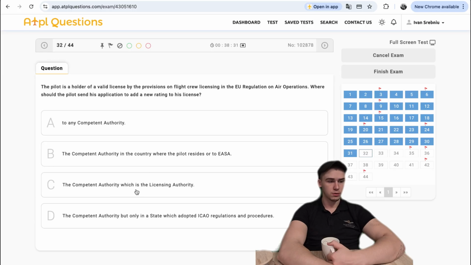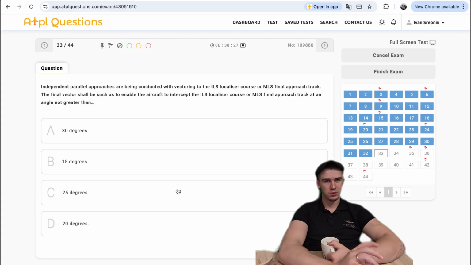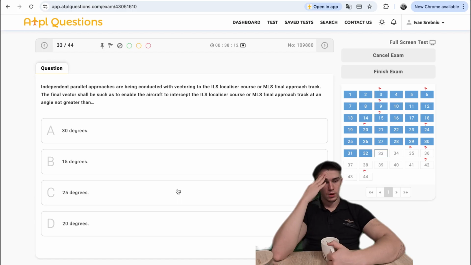The competent authority, which is the licensing authority. Because this is a question with small jokes. Jokes to make the choice more difficult for future pilots.